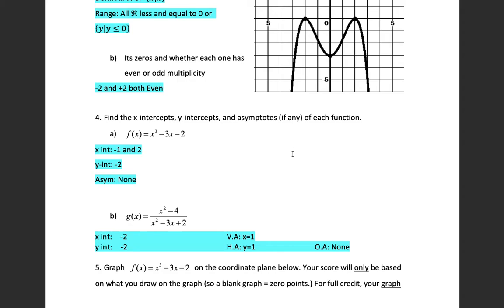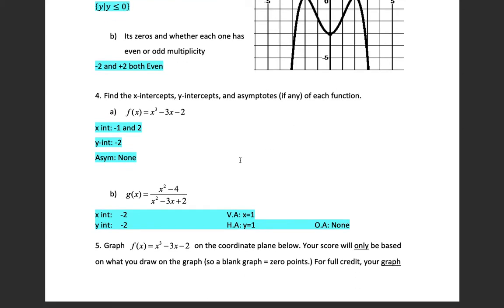Find the x-intercept, y-intercept, and asymptotes, if any, for the following functions. The first question is f(x) equals x cubed minus 3x minus 2. To find the x-intercept, you can factor it. This is one method. Another way is to just start putting in values directly. The constant is negative 2.